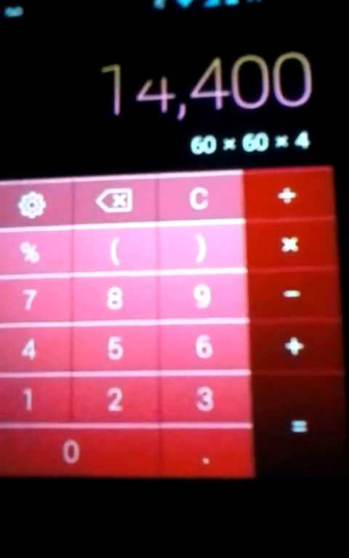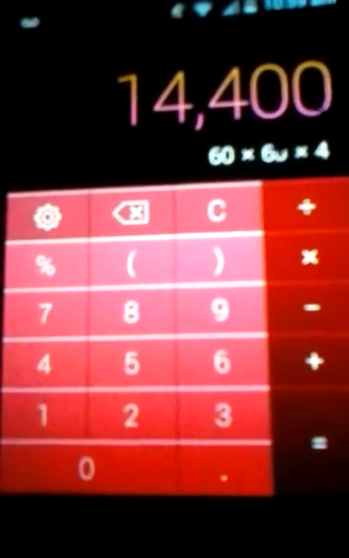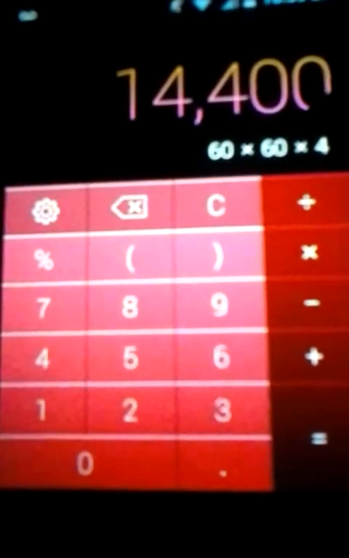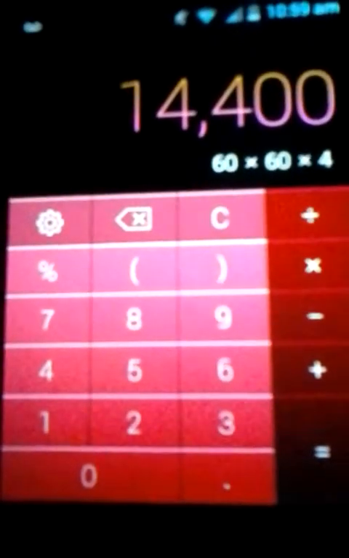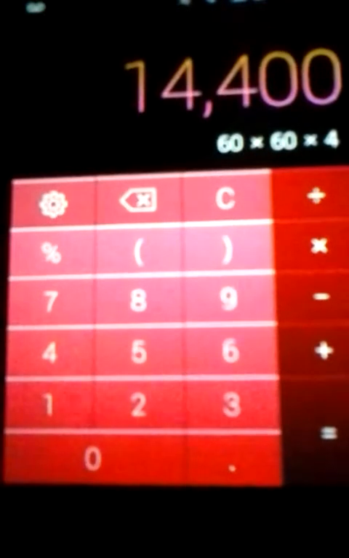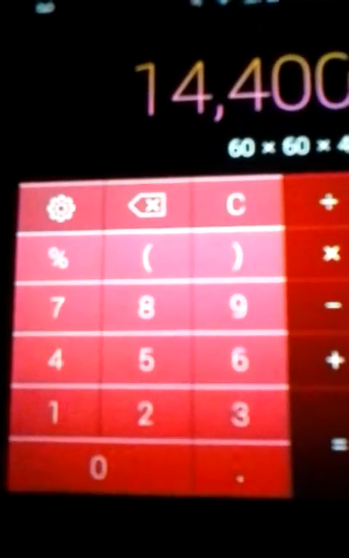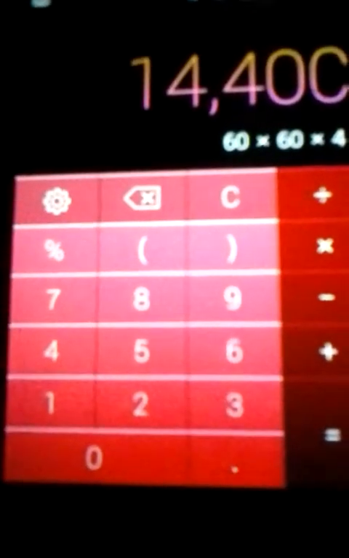Clearly, you can see the 144,000. 144,000 seconds is 4 hours on Earth. Oh, excuse me, 14,400 seconds is 4 hours on Earth, but it's symbolic to the 144,000. Correct?